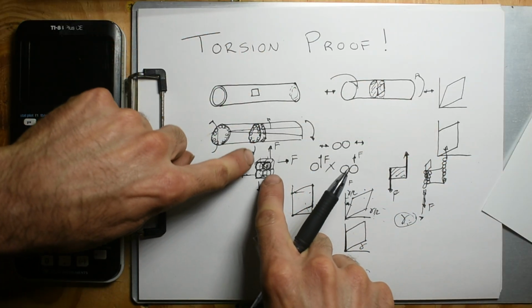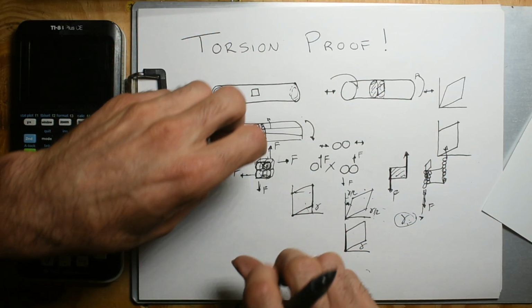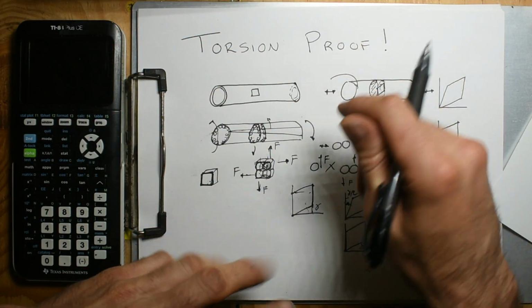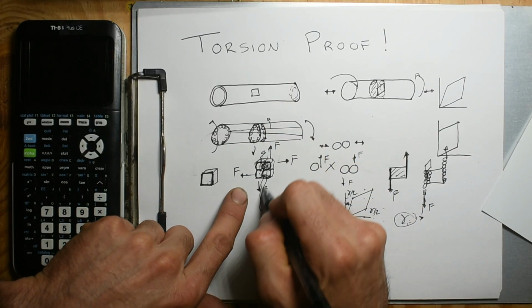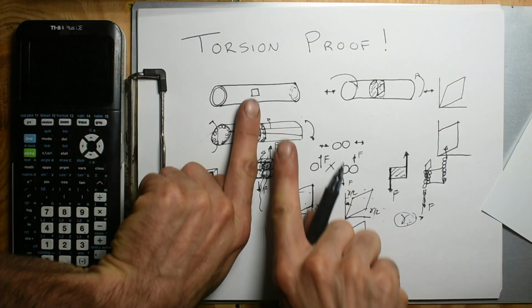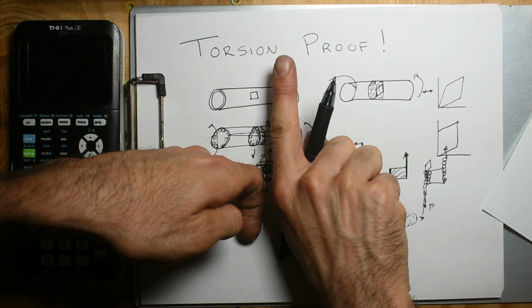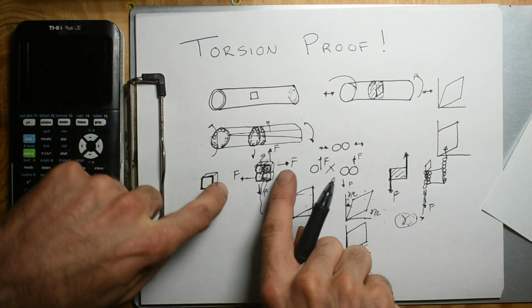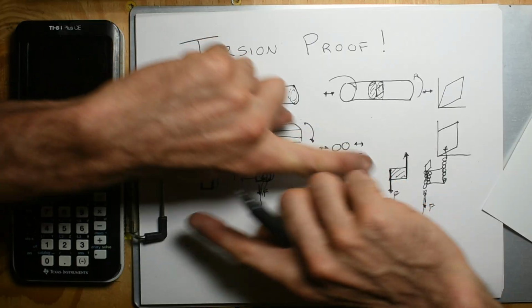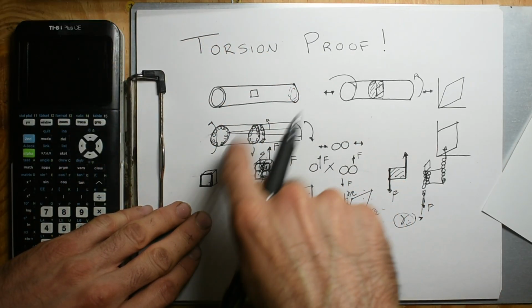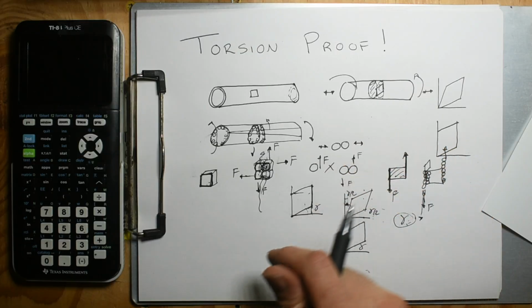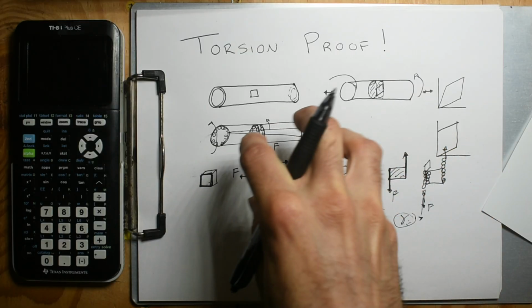I can say if I have 4 molecules, to actually get these things to rip apart, I have to apply these, and if I want to get them to rip apart like right there, I have to apply these forces this way. And if I do that, I have to apply the counterbalance forces that way, because I'm generating a twisting, and I have to make sure it doesn't spin. And so I require all these forces.